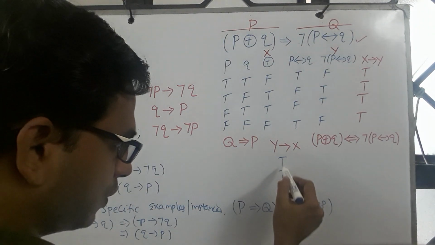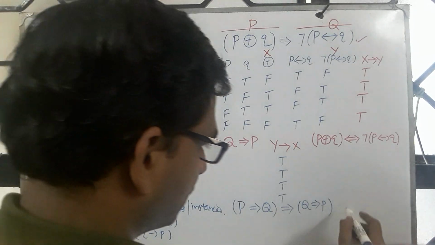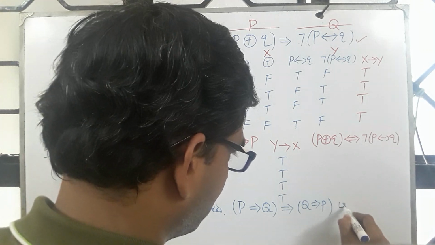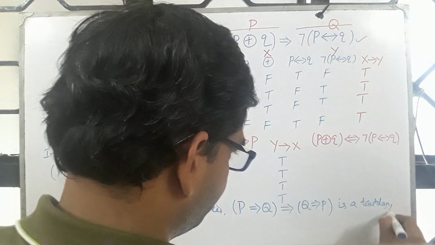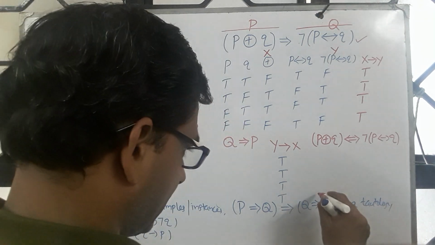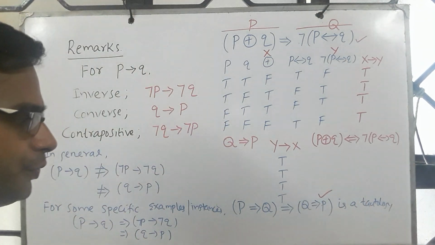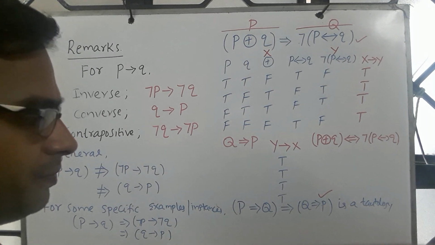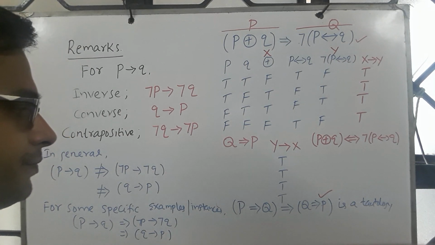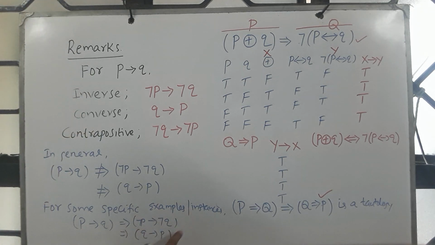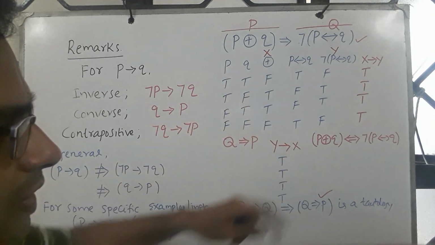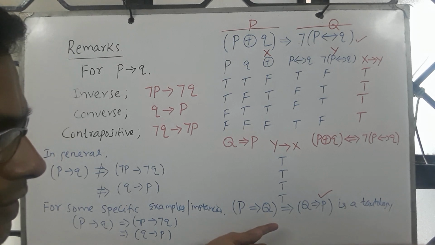Q implies P is also true, true everywhere, which means this one is a tautology, which means yes. So Q implies P follows from P implies Q. So there are some specific examples, instances where you see that this one is true. For example, when equivalence happens, you get to see this.